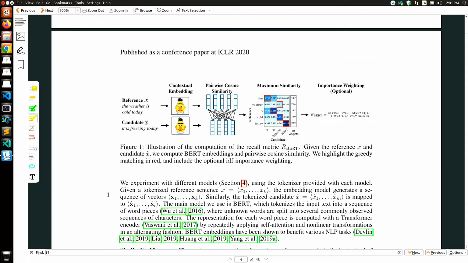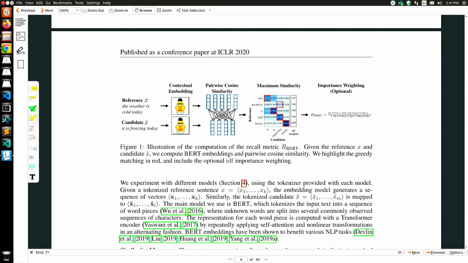This number tells us how much on average each word was matched with a word in the reference. In the paper they call this precision. Then we do the same with swapped hypothesis and reference and compute the recall, and finally compute the F1 score, which is the harmonic average of precision and recall.